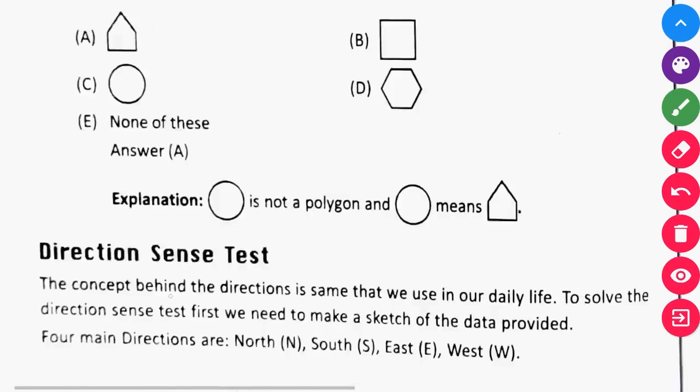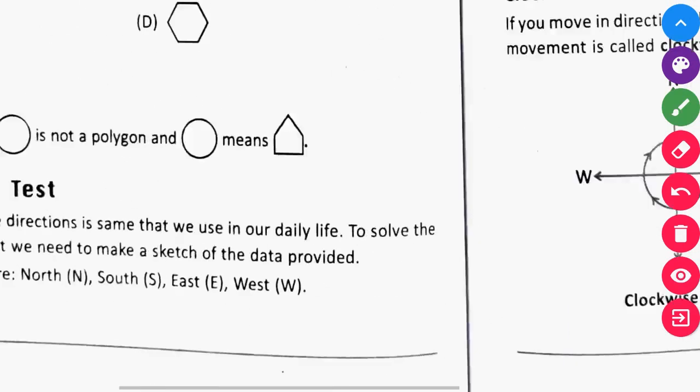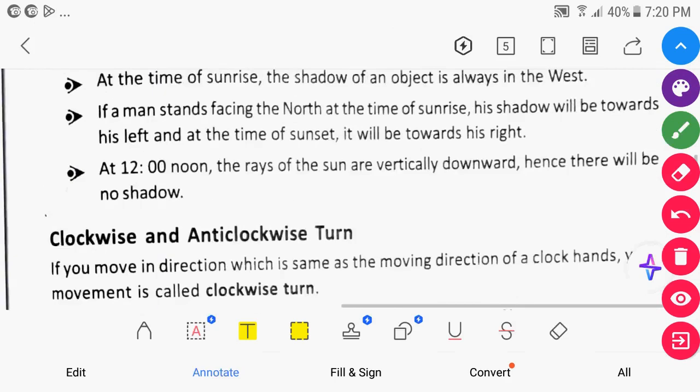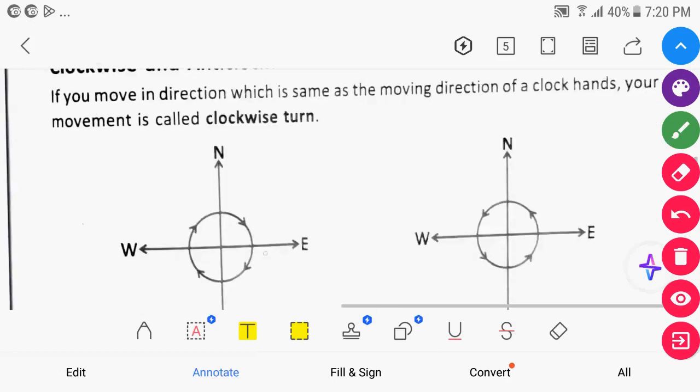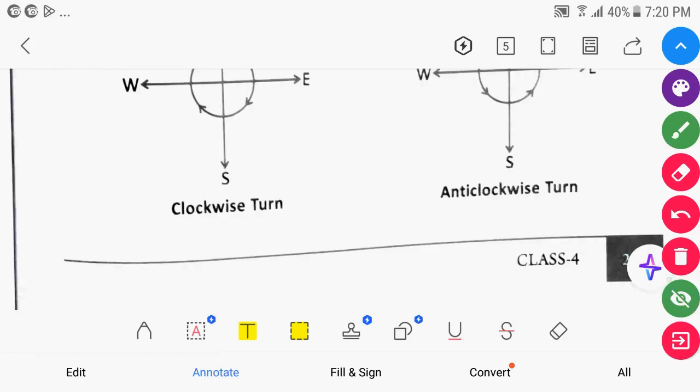Okay. Now direction sense test is there. You must know which direction the arrow represents. If we draw the arrow, the upper side is north, below side is south, your left hand denotes west, and your right hand denotes east. And if we rotate from west to north to east to south, this is clockwise direction.